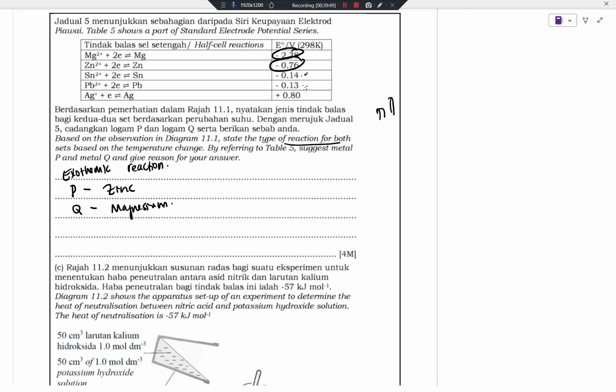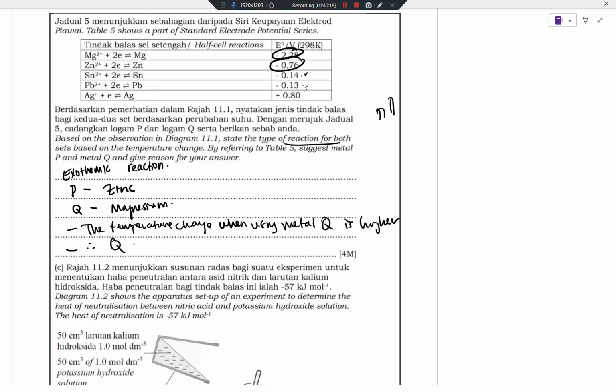Okay, so the point I can write is: the temperature change when using metal Q is higher.